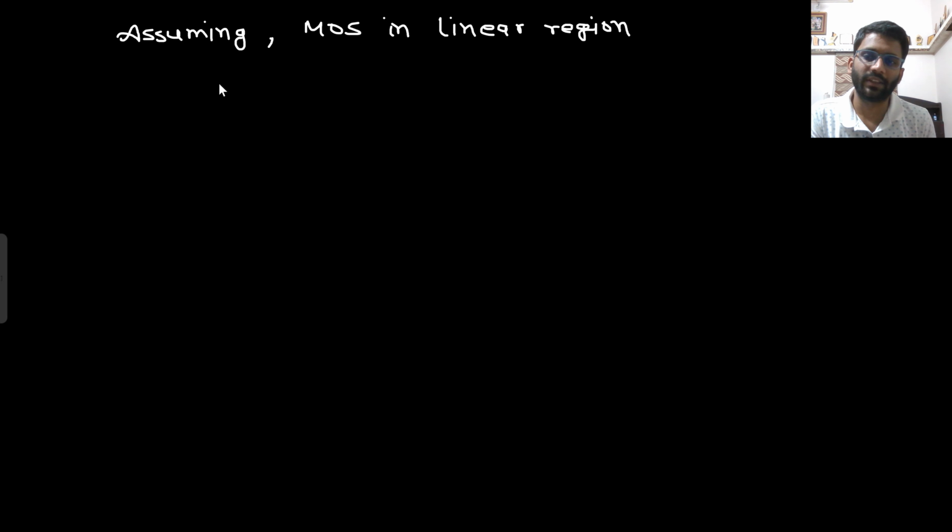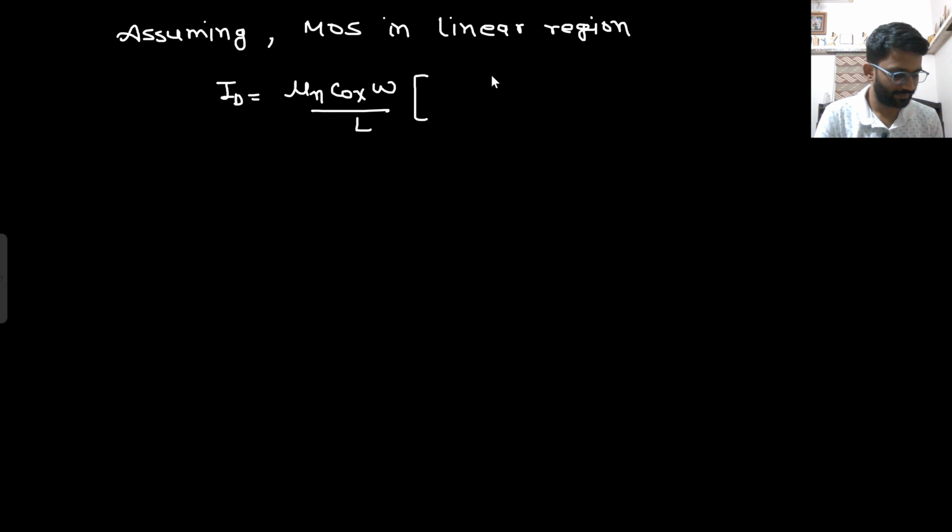For linear region, what is the current equation? Mu n Cox W by L, VGS minus VT into VDS minus VDS square by 2.